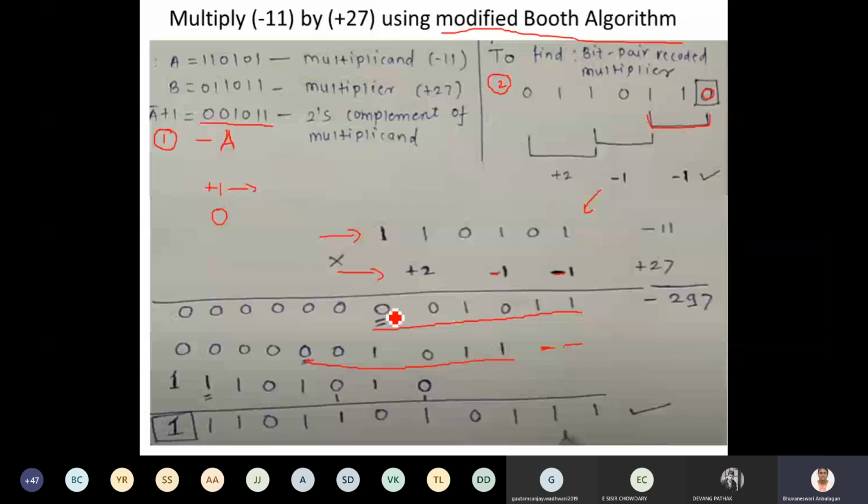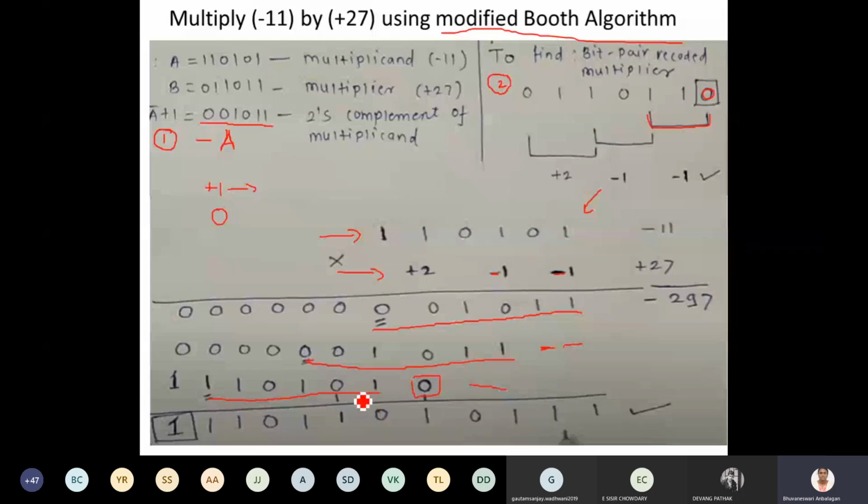Now if you are going to perform multiplication with plus 2, you again leave 2 places from here, and then you put a 0 over here, and then simply write the multiplicand. What is the multiplicand here? It is going to be 110101.